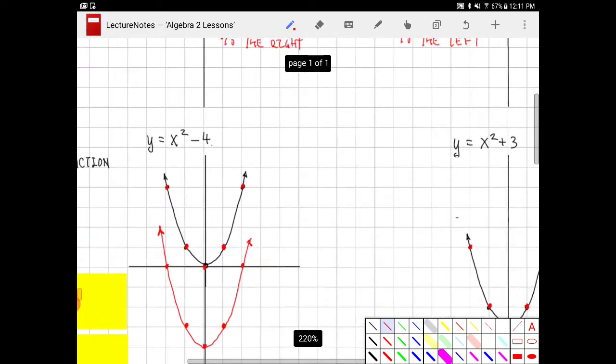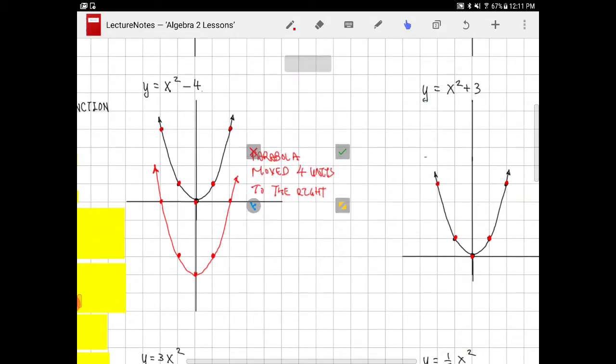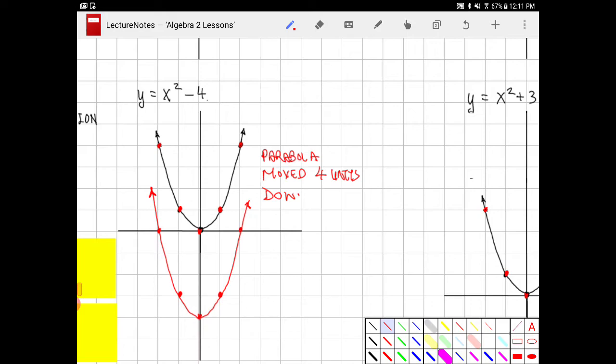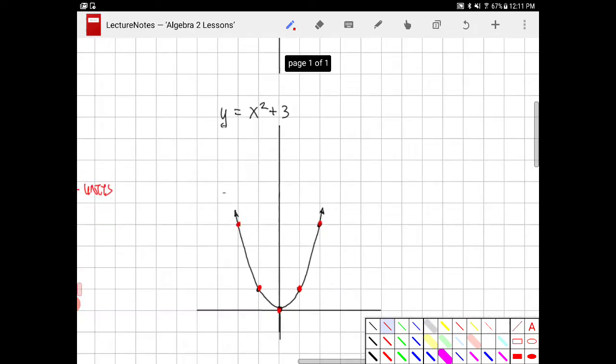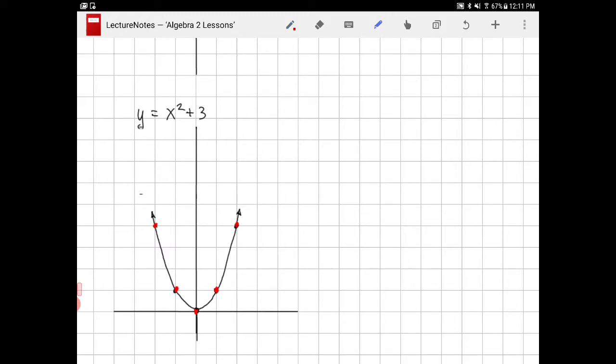So what we're going to say then is that the parabola moved 4 units down. And then similarly, in this case right here, if you plot this into the calculator, pause the video for a moment and try and do that.